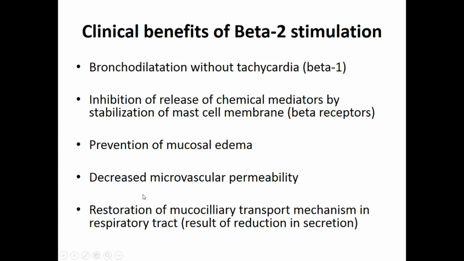It can also restore the mucociliary transport mechanism in the respiratory tract, resulting in reduction in secretion. So it will inhibit inflammatory mediator secretion, edema, and microvascular permeability, apart from the bronchodilation action.